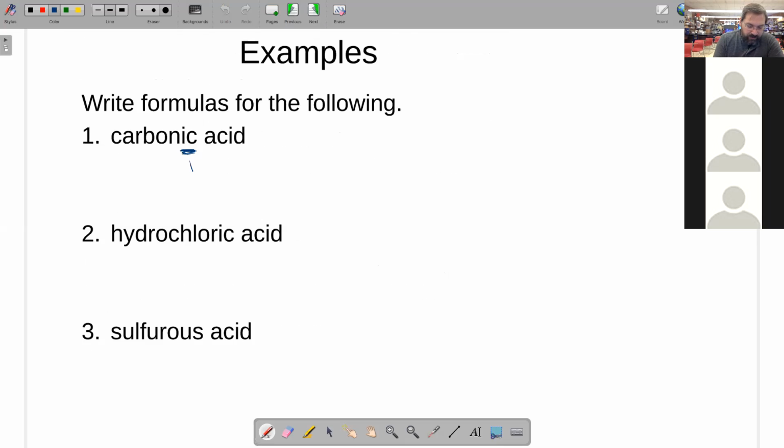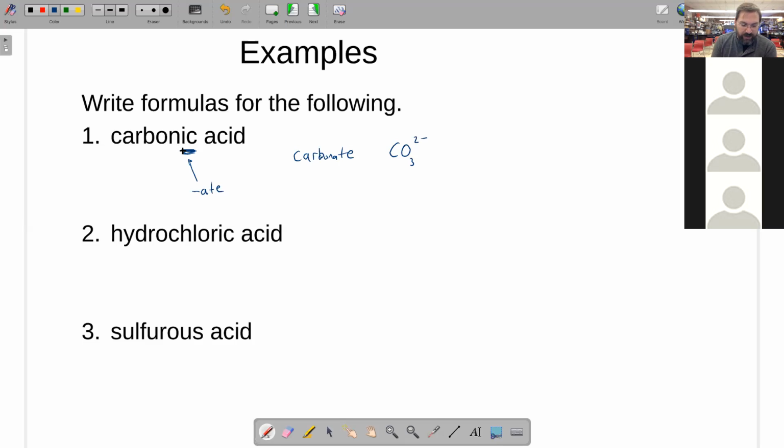So this "ic" came from "ate." What you want to do is try to figure out, well, what kind of anion ends with "ate" and starts with carbon? And it turns out there's an anion called carbonate. On the anion chart, you'll find carbonate is CO3 2-.